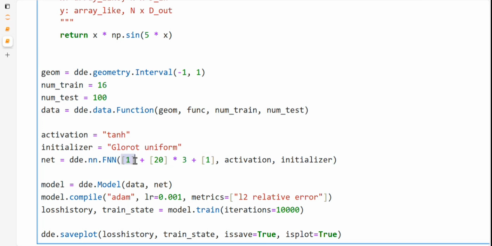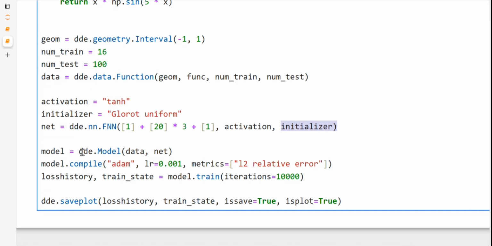Input will contain x and the output will contain the solution. Then we give the activation, which was tangent hyperbolic function, and the initializer.